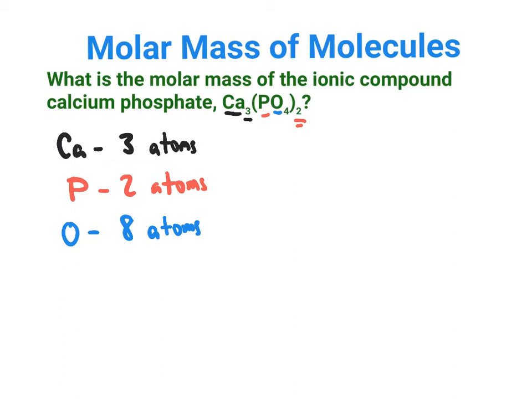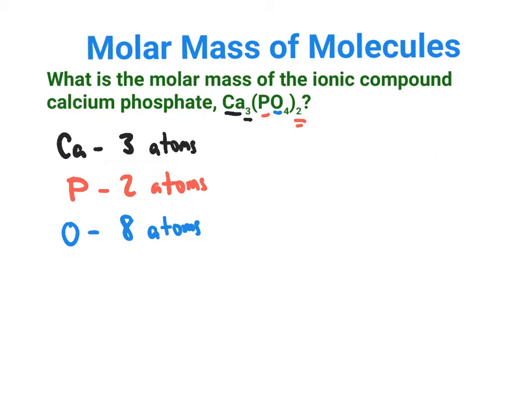Then I need to know that if I have not one molecule, but instead a mole of molecules, that means I will have 3 moles of calcium atoms, 2 moles of phosphorus atoms, and 8 moles of oxygen atoms. So I have to do a little bit of multiplication.